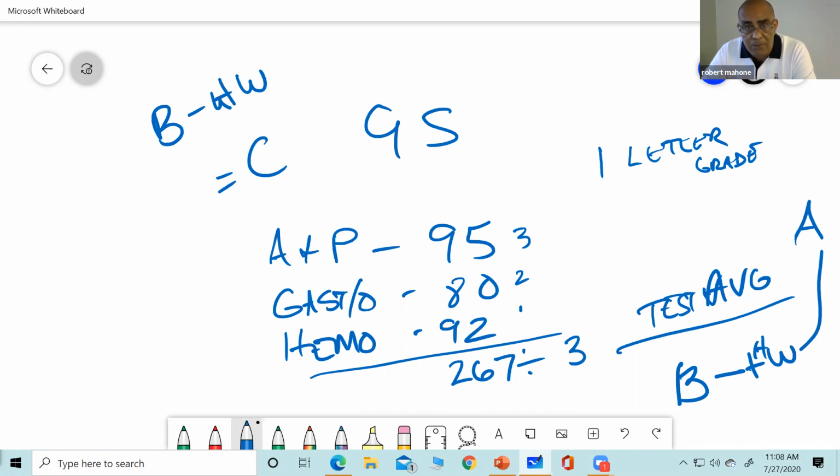And yeah, there were a couple of people in class last module who had an A average on their tests, but didn't do the homework. And it brought them down to a B. There were some people in class who had a B average on their tests, turned in every homework, and got that A. So always know what your test average is.